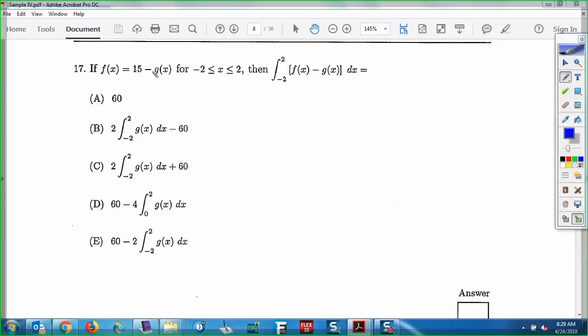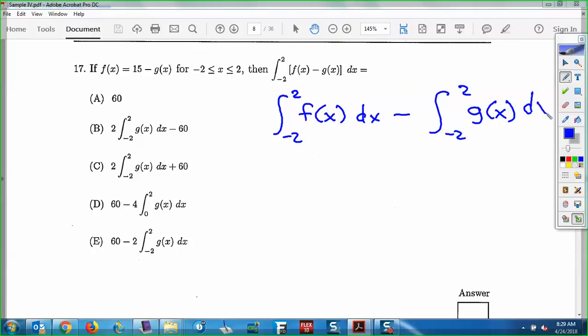So if f of x equals 15 minus g of x from negative 2 to 2, then what is this equal to? Well, we can separate this out. So we can separate this into the integral from negative 2 to 2 of f of x dx minus the integral from negative 2 to 2 of g of x dx.